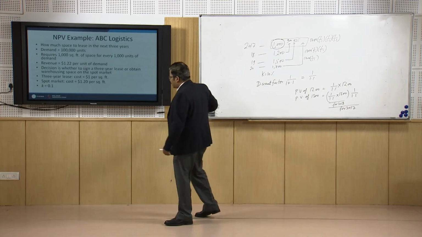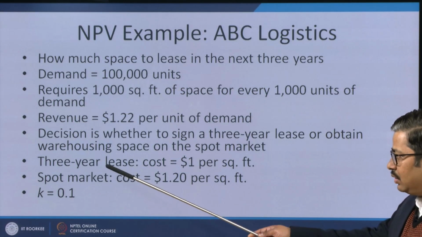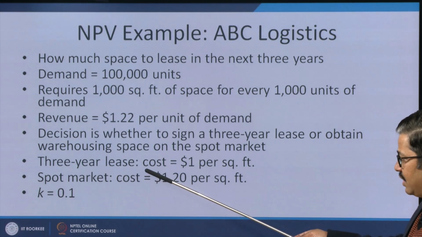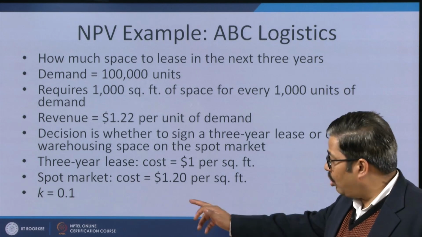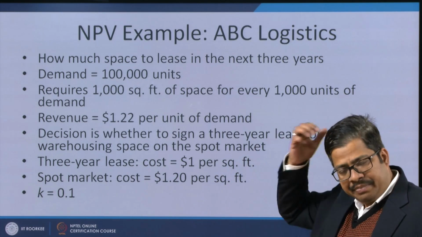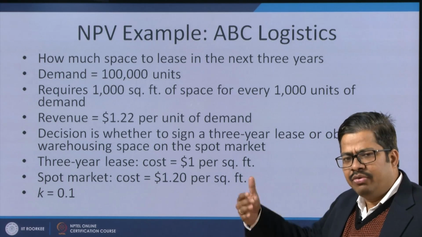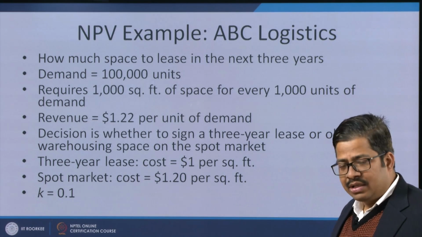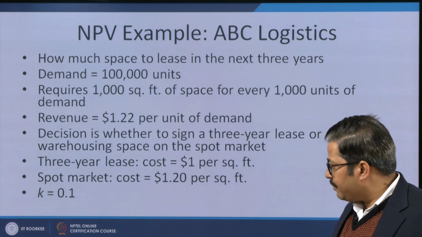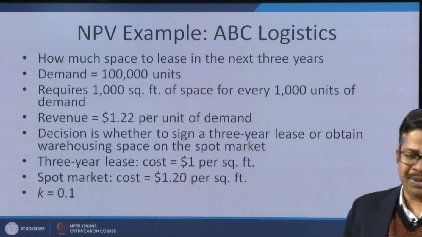Now the cost: if you are signing a 3-year lease, the cost is $1 per square feet, and in the spot market the cost is $1.2 per square feet. Always you will find that spot market rates are higher than the lease, and the reason is very simple.